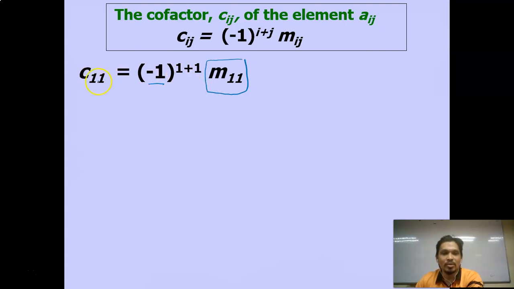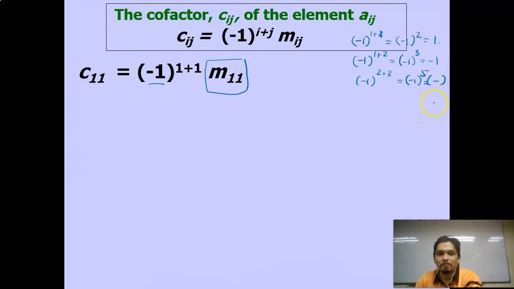For this one, which is 1 and 1, 1 plus 1 equal to 2, so negative 1 squared equal to 1. Negative 1 to the power of 1 plus 2, or negative 1 to the power of 3, equal to negative 1. Negative 1 to the power of 2 plus 3, which is negative 1 to the power of 5, equal to negative 1.